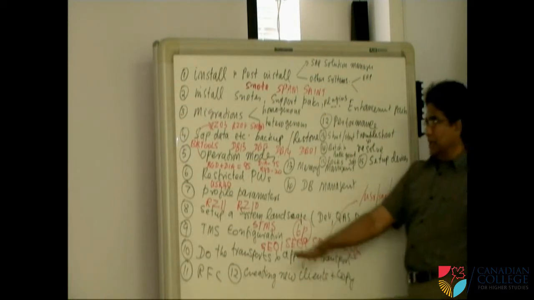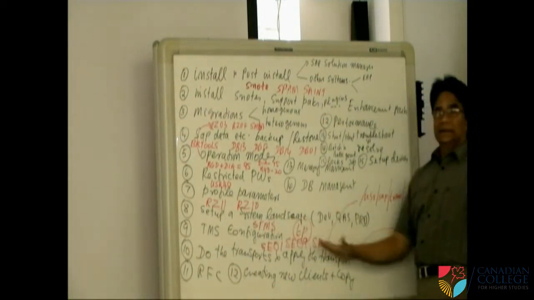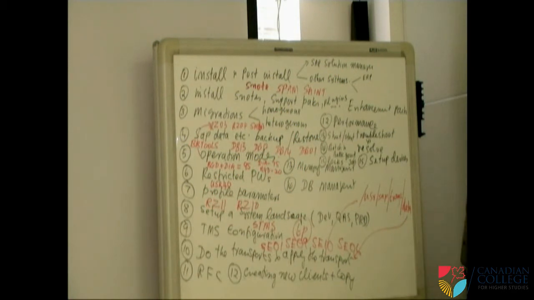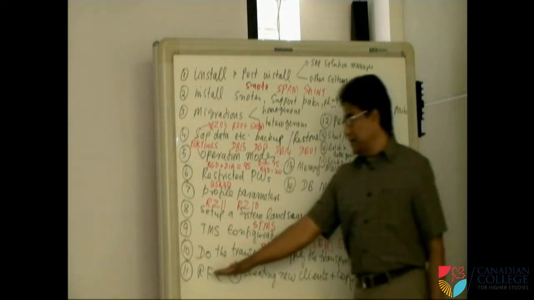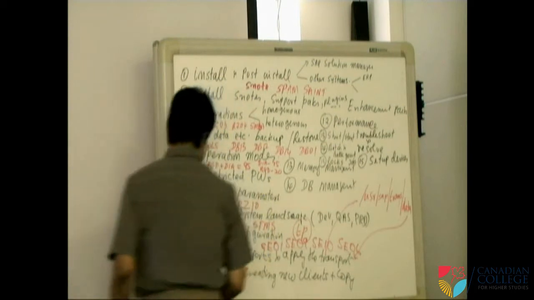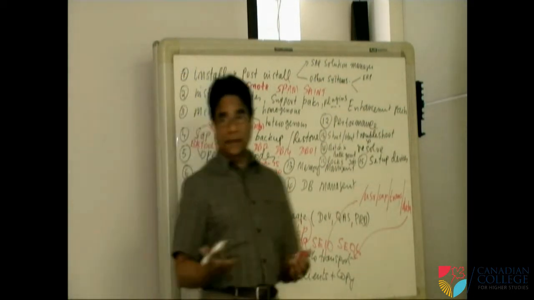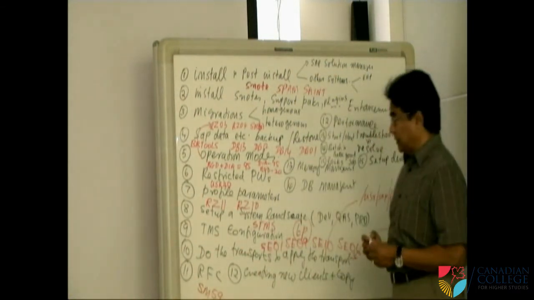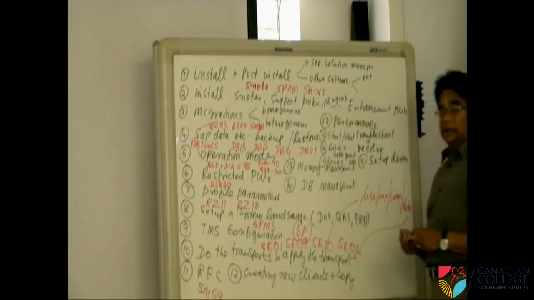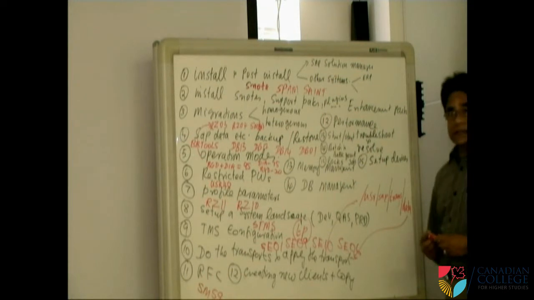So I have to do all these things in the SAP environment. Then setting up RFC, normally we use SM59. There are some commands related to that, SM58 and all, right? We use SM59 to create RFCs in the class.